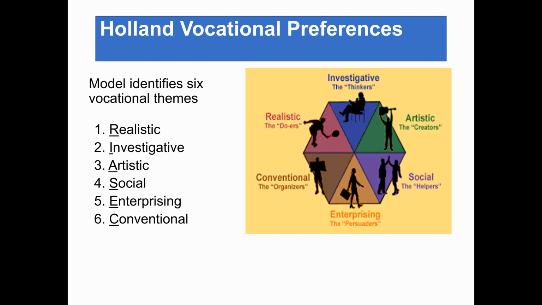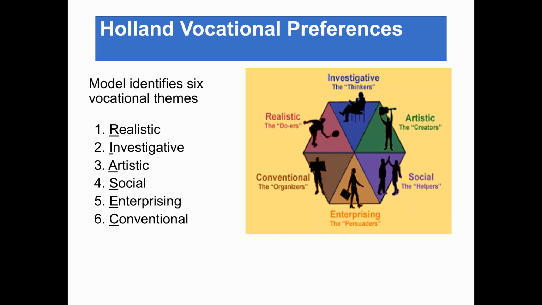In terms of vocational themes, there are 6 major themes that Holland identified. They are realistic, investigative, artistic, social, enterprising, and conventional.